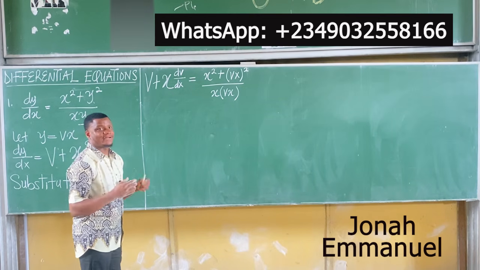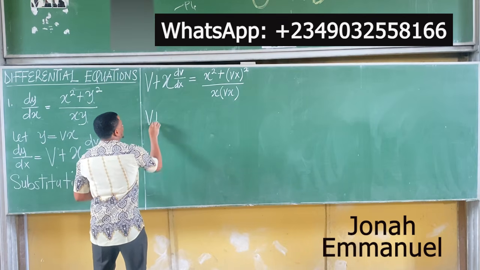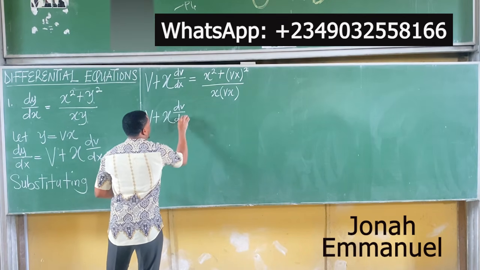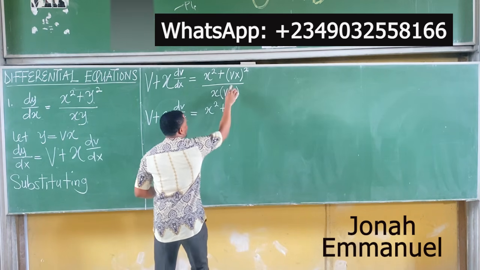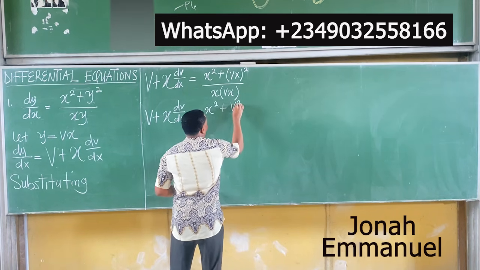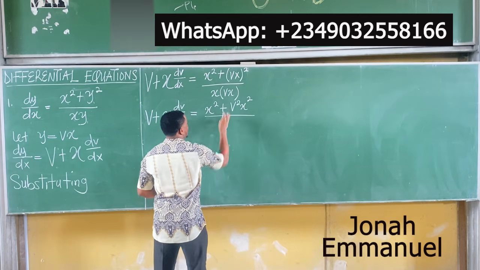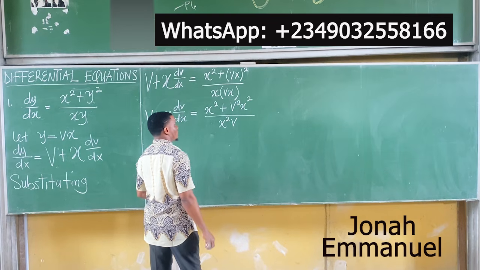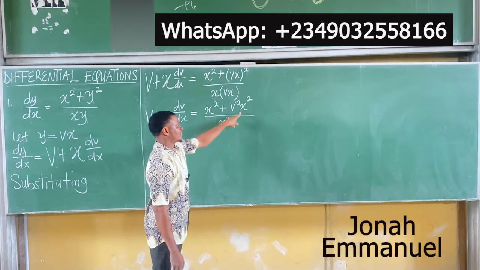Simplify this, factorize. In simplifying, I have that v plus x dv/dx is equal to x squared plus, expanding this, v squared x squared, all over x squared v. So you have this. Okay, what next? Always observe that usually these things will factorize.